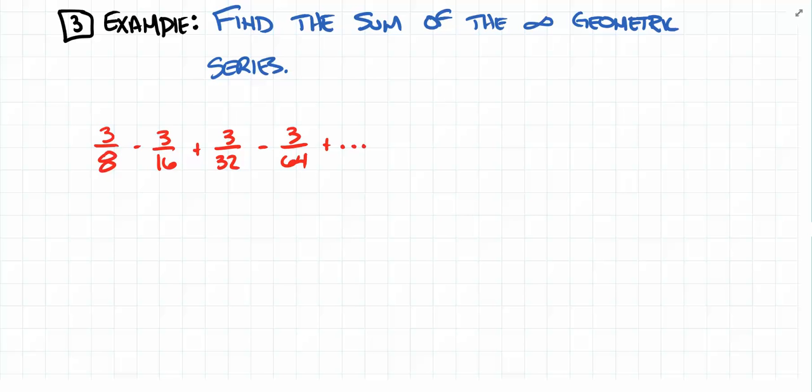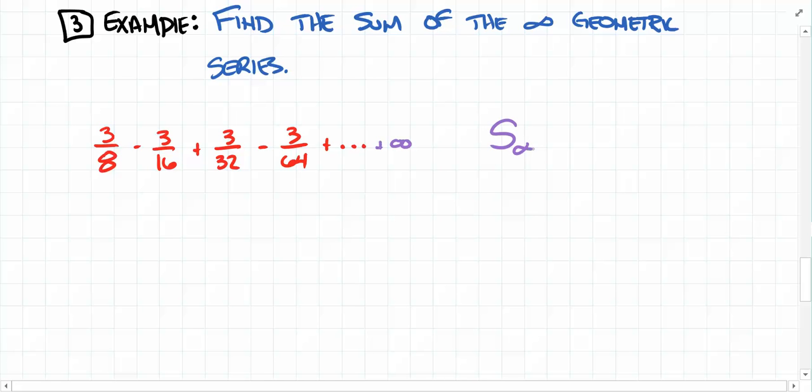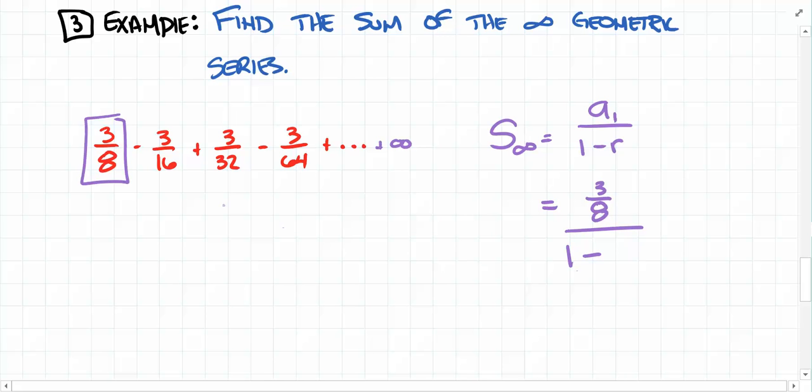We're going to find the sum of the infinite geometric series. Since we're adding to infinity, we want to go ahead and use the sum formula. So the sum to infinity is going to be the very first term over 1 minus the ratio. Well, the very first term I can clearly see is the number 3/8. So I'll say it's 3/8 divided by 1 minus the ratio.